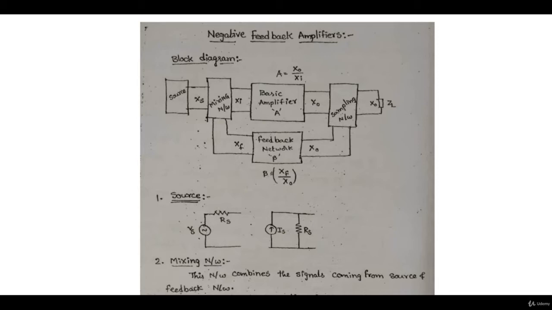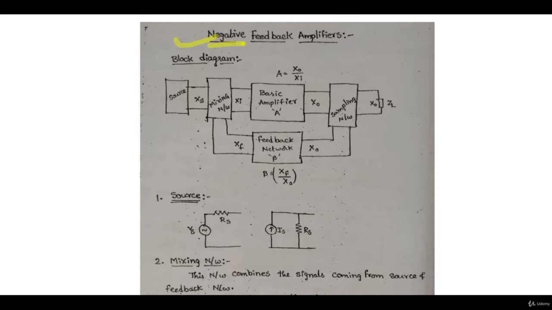These parameters we saw in the last video, the motivation behind why we need feedback amplifiers. The overcomes we saw in the last video in the amplifiers will be removed by feedback amplifiers, more specifically negative feedback amplifiers.